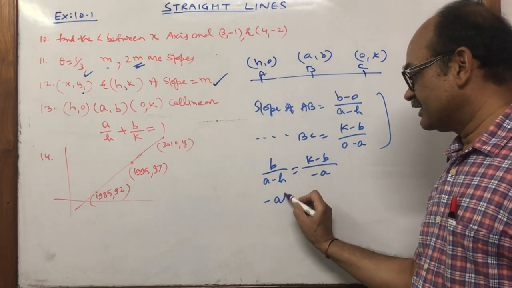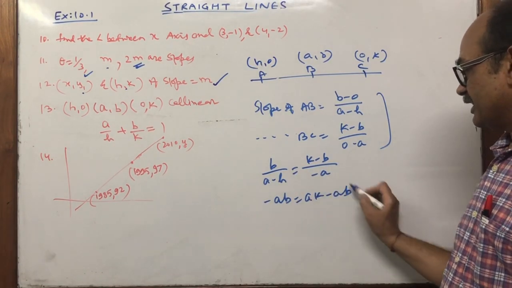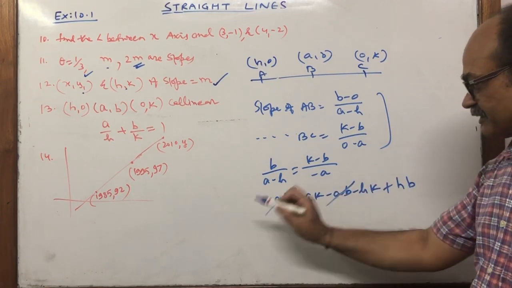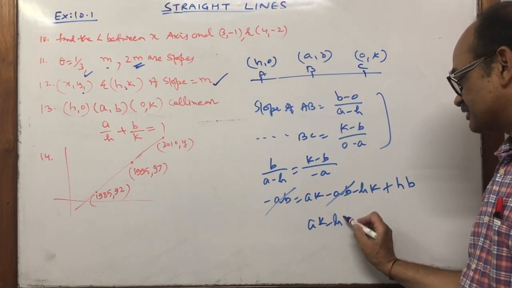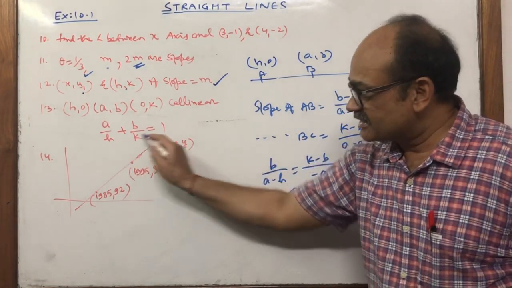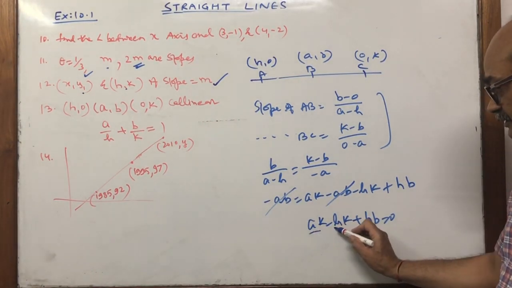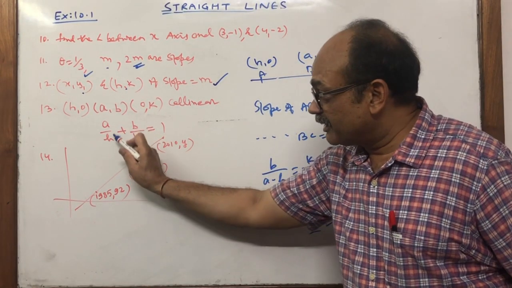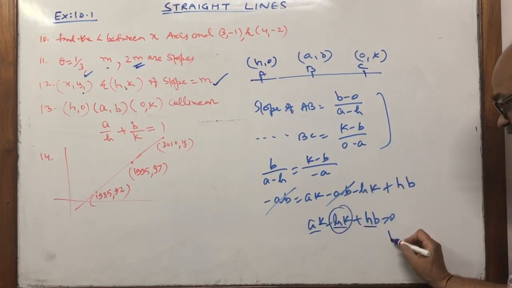Cross multiply. Minus AB equals Ak minus AB minus hk plus hB. Minus AB and minus AB cancel out. What we are getting? Ak minus hk plus hB equals 0. But we want our answer as A by h, B by k. So minus hk we shift to this side.